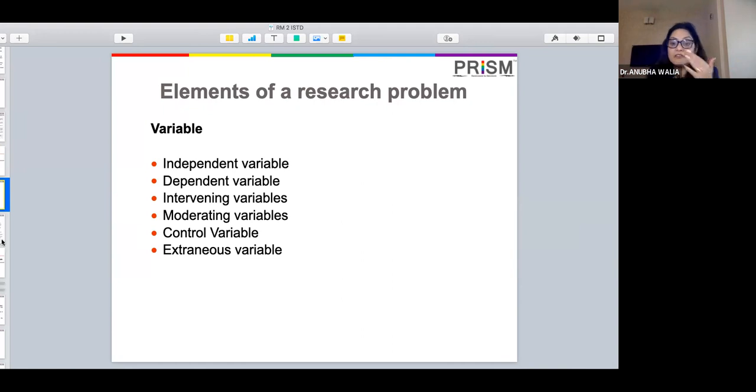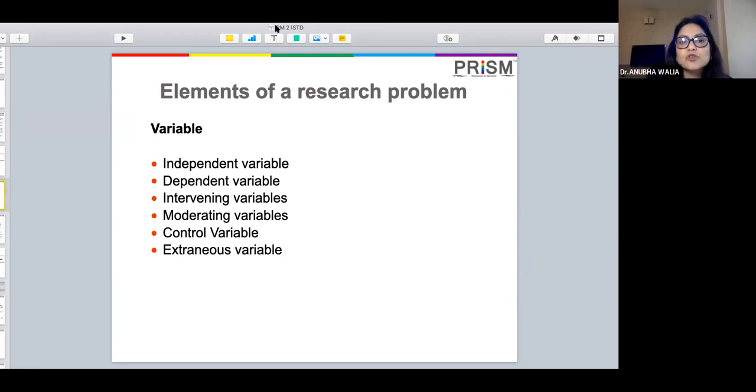For example, we might want to know how the number of hours a basketball player trains per week affects their average points per game. But an extraneous variable that could also affect their points per game is the number of hours they spend stretching or playing for more time. So that is how you see all these elements become very, very important.